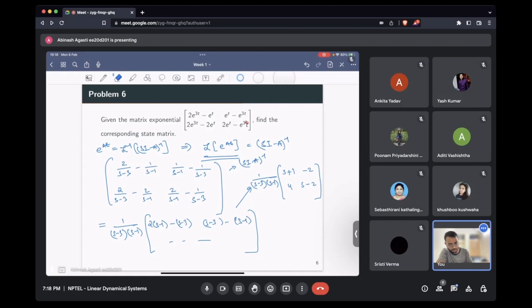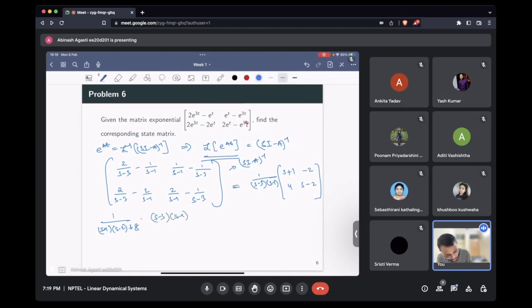Okay, I'll just erase this part. So this is equal to this. Then we want to take its inverse. Then we can just find out it is s plus 1 into s minus 2, and this will be inverted. So we'll have s minus 3, s minus 1.